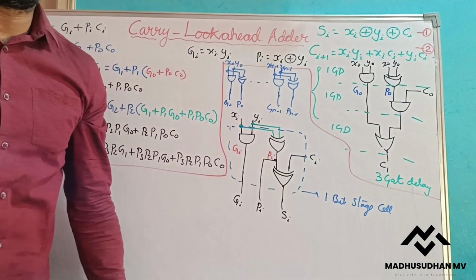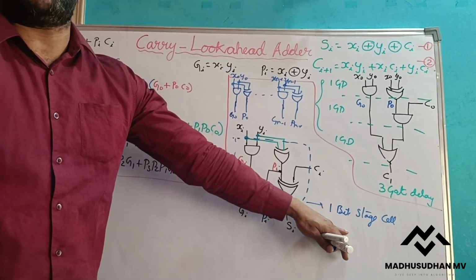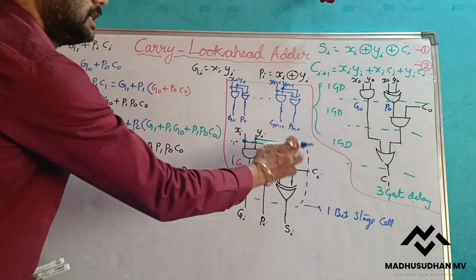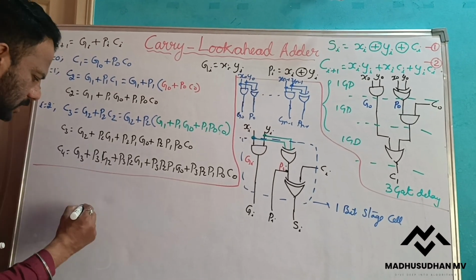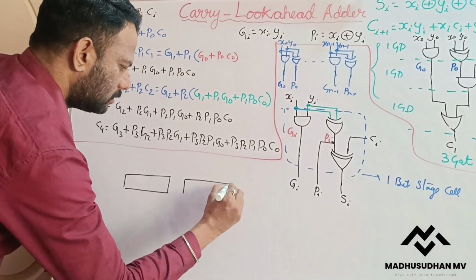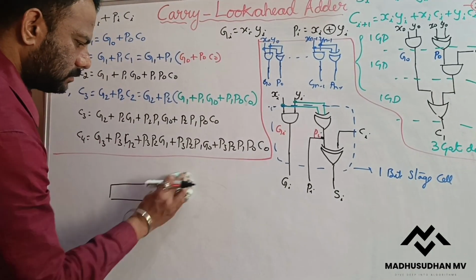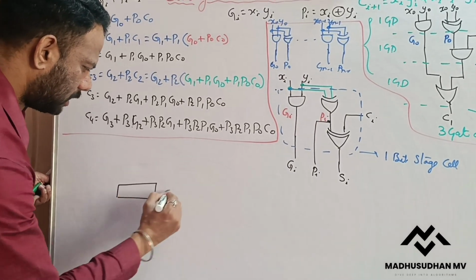But are we always doing only one bit? No, n number of bits. So there will be n bit stage cells, or let us say a 4 bit stage. A 4 bit stage means this is for 1 bit stage, so I am writing 4 bit stage cells. I am writing a little bit down just to accommodate the space.